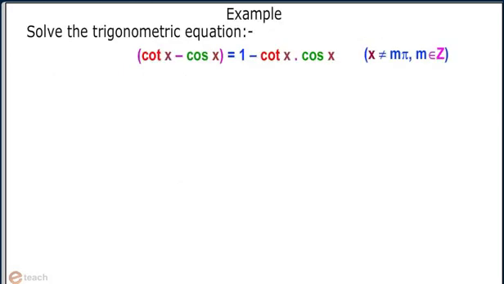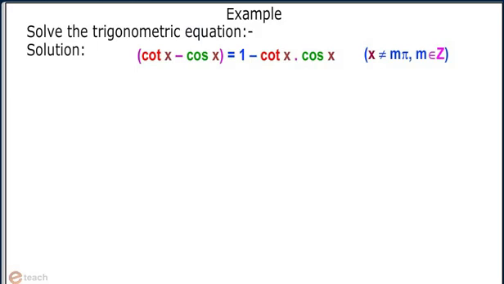Let us see an example. Solve the trigonometric equation cot x minus cos x equals 1 minus cot x into cos x, where x is not equal to m pi, where m is an integer.